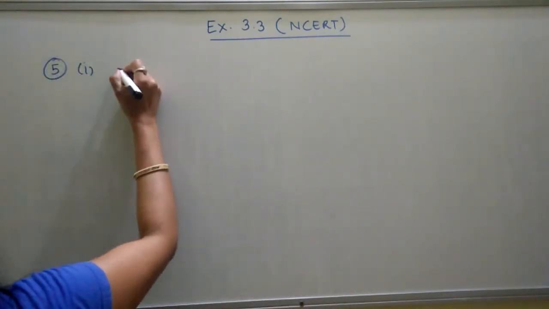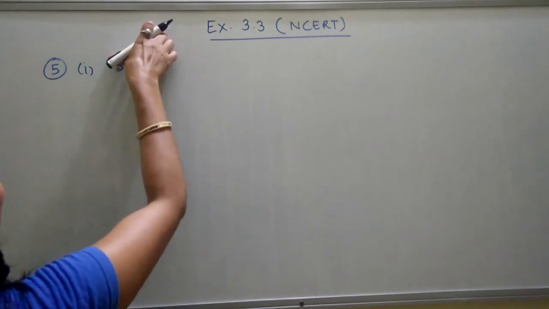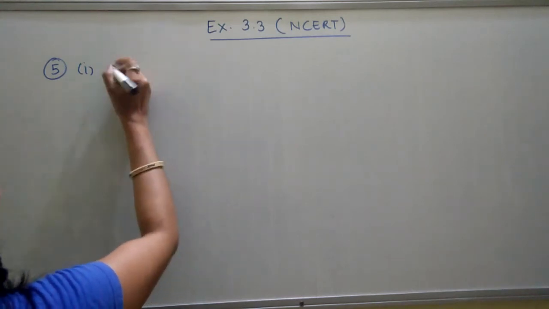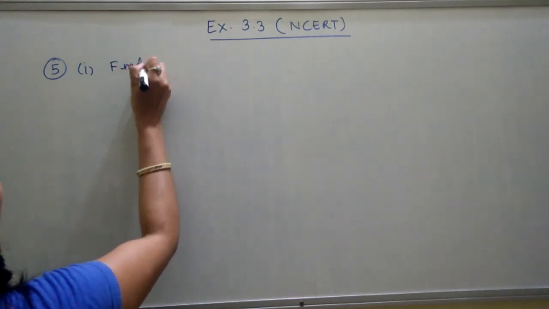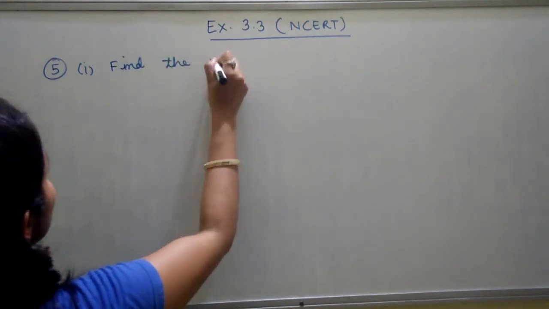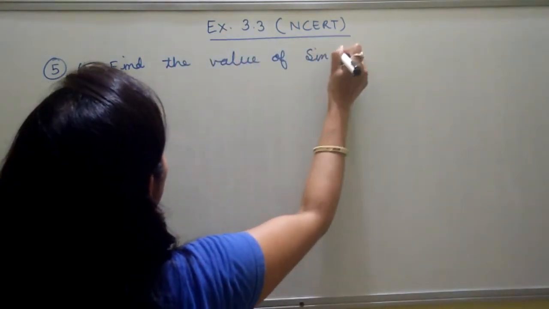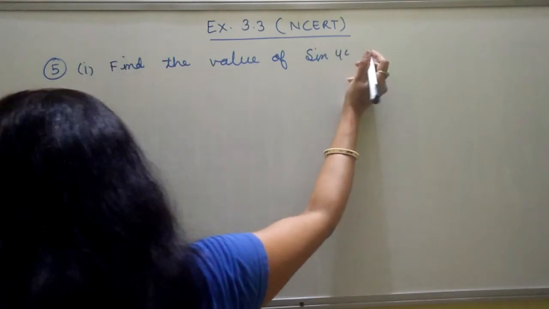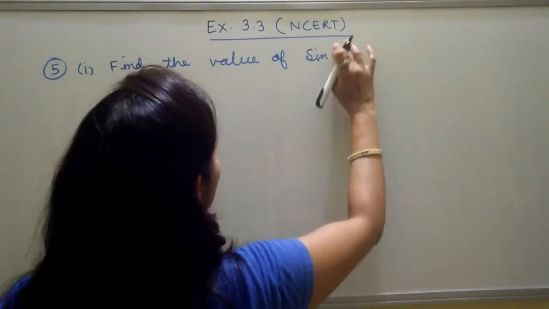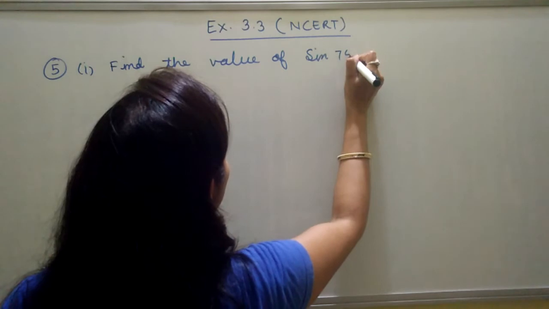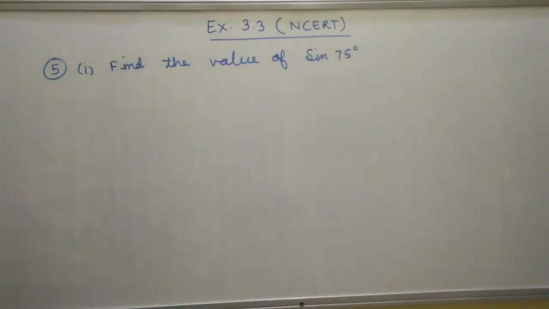The first part asks to find the value of sine 75 degree, not 45, it's 75 degree. So how to solve this question?